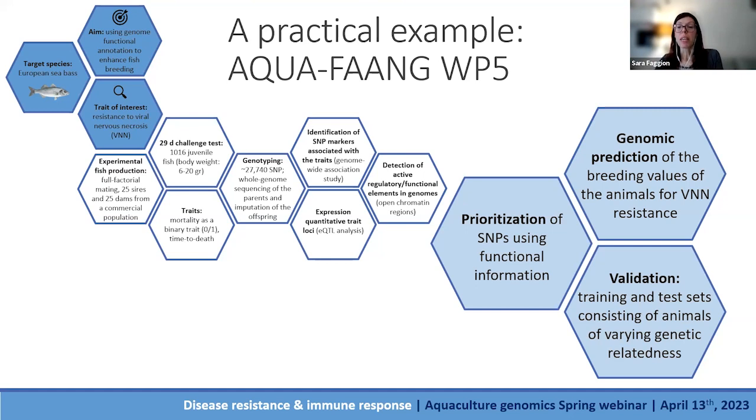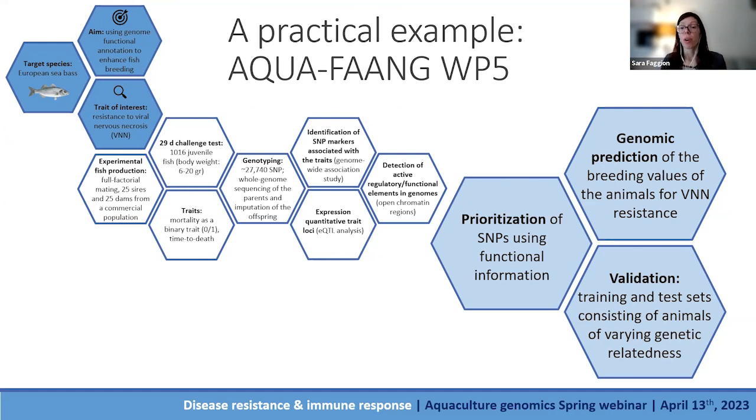Prediction accuracy will be determined through a validation approach, but training and testing sets will consist of animals of varying genetic relatedness according to the genomic relationship matrix.